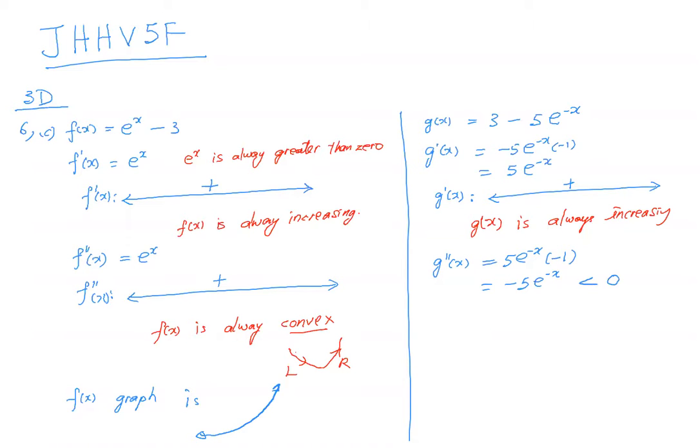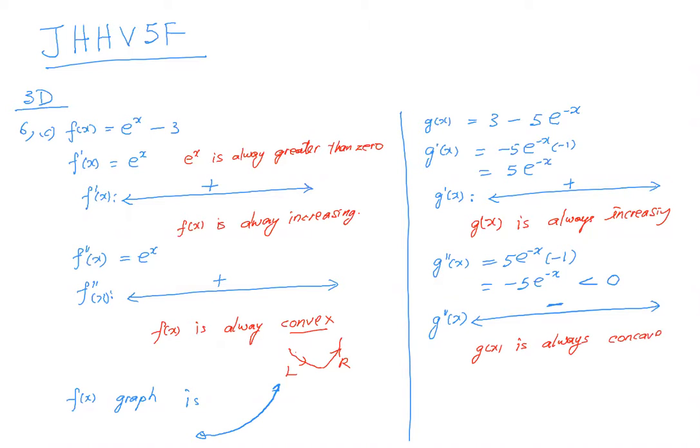Am I right? So your sign diagram will be always negative. So this implies that gx is always, what? Concave.